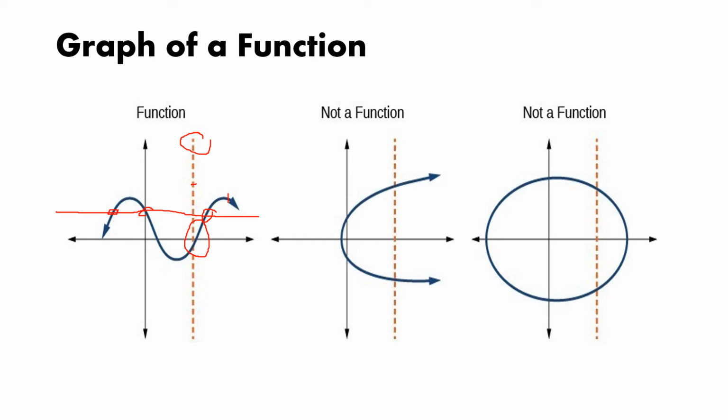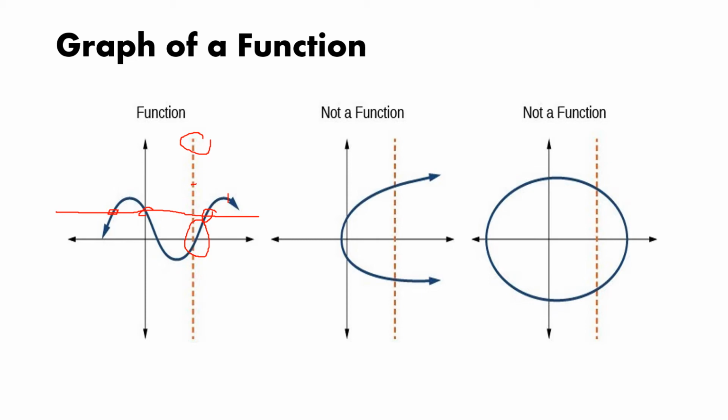Again, in checking if our graph represents a function, we need to use the concept of the vertical line test. If there is only one point of intersection between your graph and the vertical line, then the given graph represents a function.